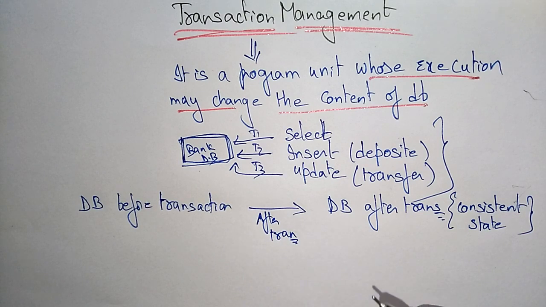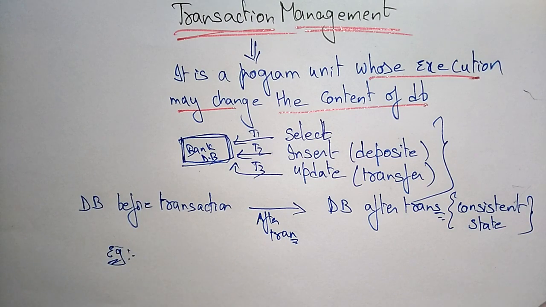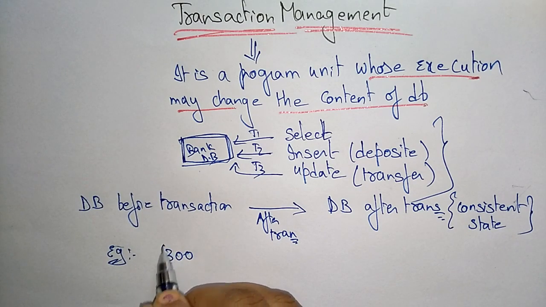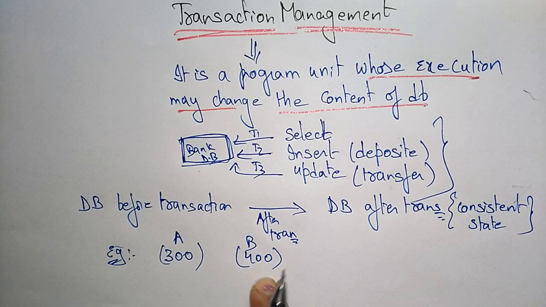How is it in a consistent state? Let us see an example. Let us do one transaction. Suppose in your account A you have an amount of 300. In another account, B, you have an amount of 400.